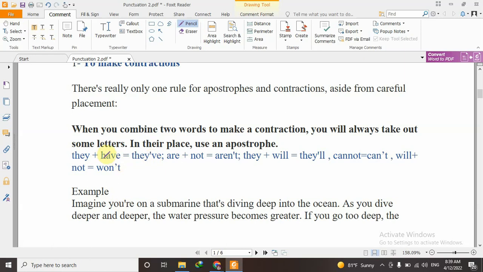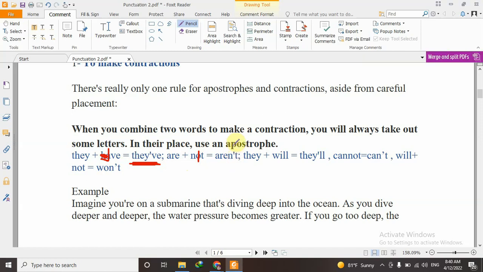We delete these two letters, H and A, to make the written form of this word in this shape. Also, we have are plus not, so we delete this O. Within they and have, we deleted the first two letters. Within are not, we delete the one letter, which is O, and we put the apostrophe.